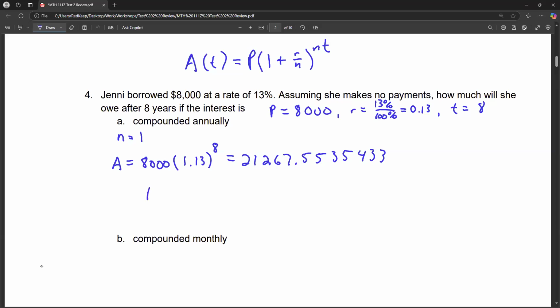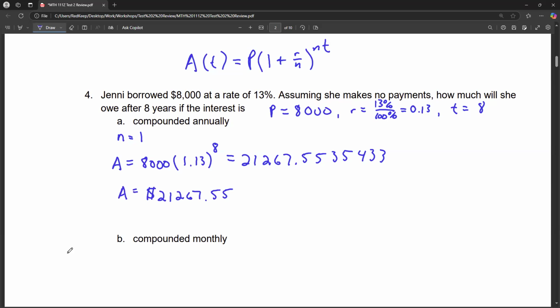You can round it to whole dollars if you want. I don't think it specifies, but I would probably round it, give them more information, and say maybe this, rounded to 2 decimal places to talk about cents on the dollar. So there would be the answer for this.